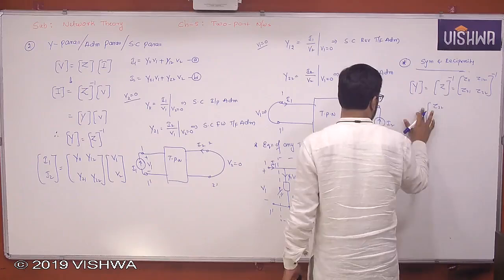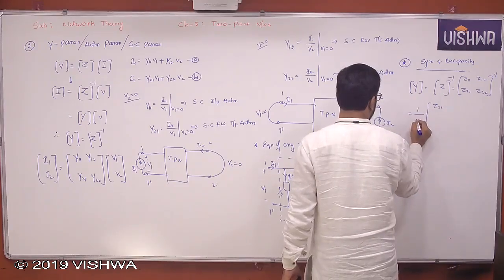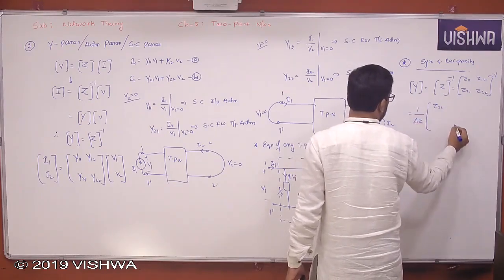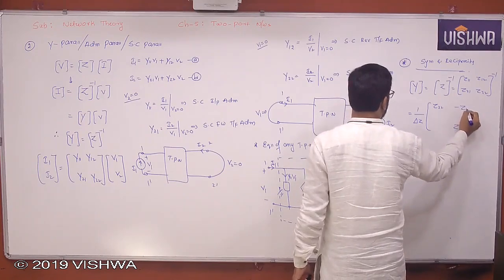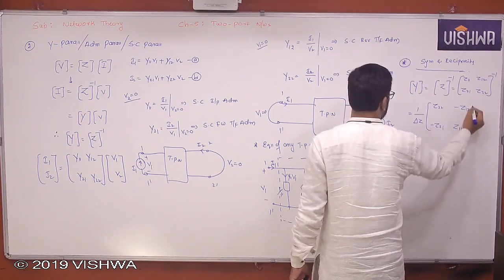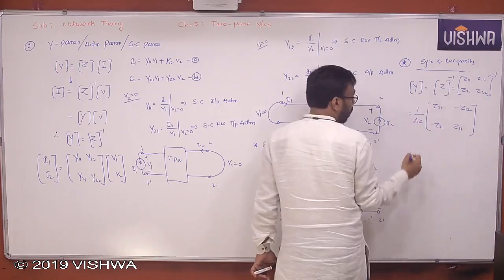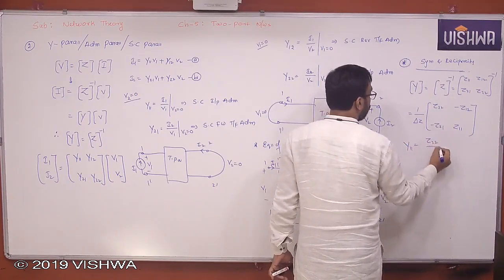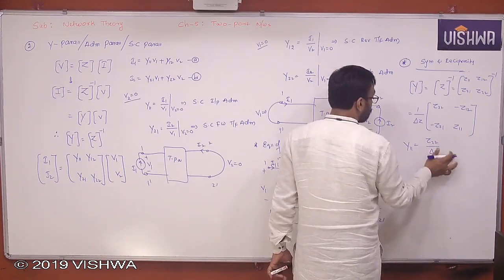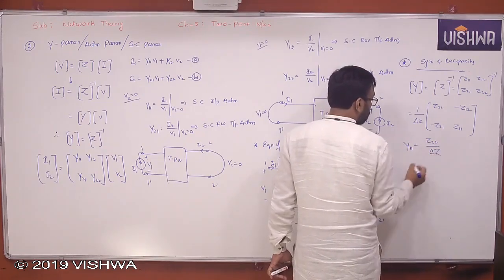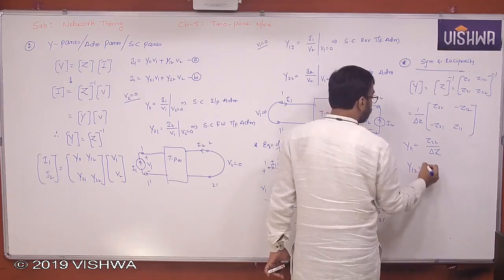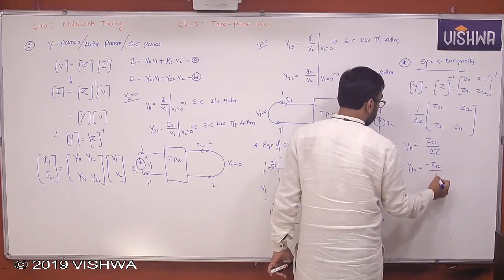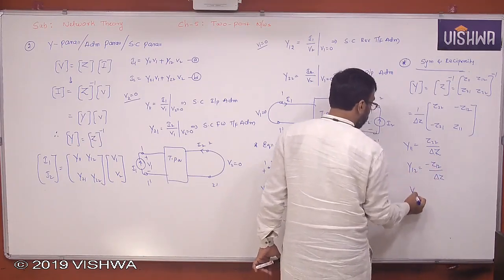So you have 1 by del Z times the matrix: this is Z22, this is minus Z12, this is minus Z21, this is Z11. So I think you understand now why Y11 is nothing but Z22 by del Z. Y12 is minus Z12 by del Z. It's very important.